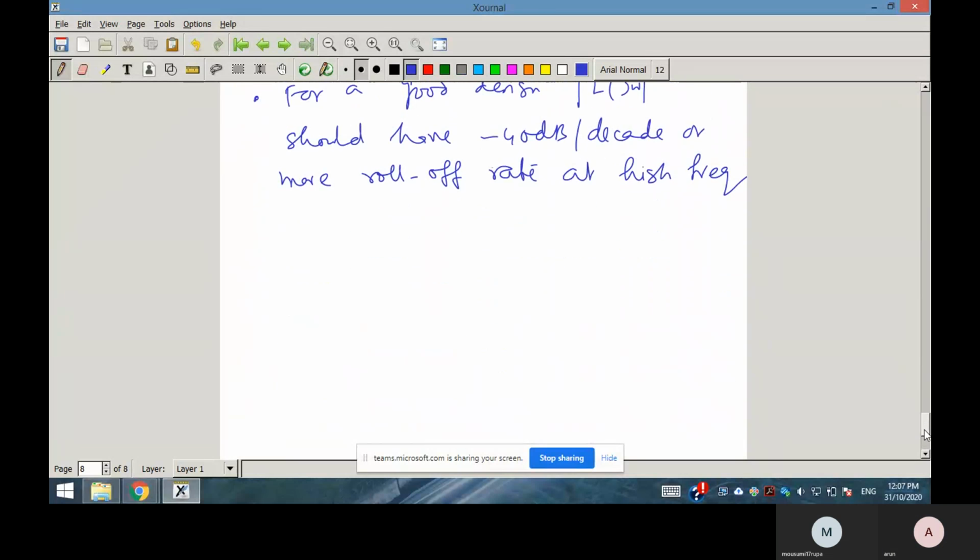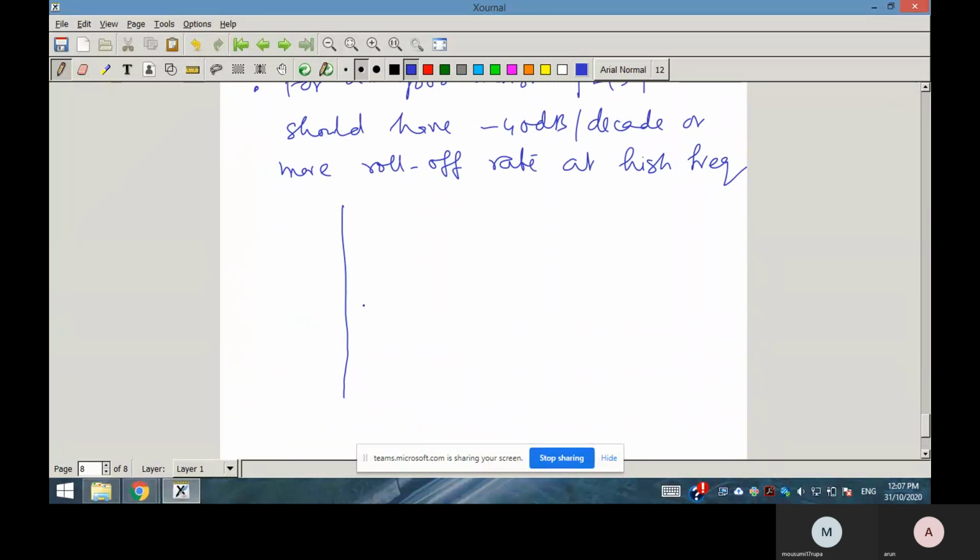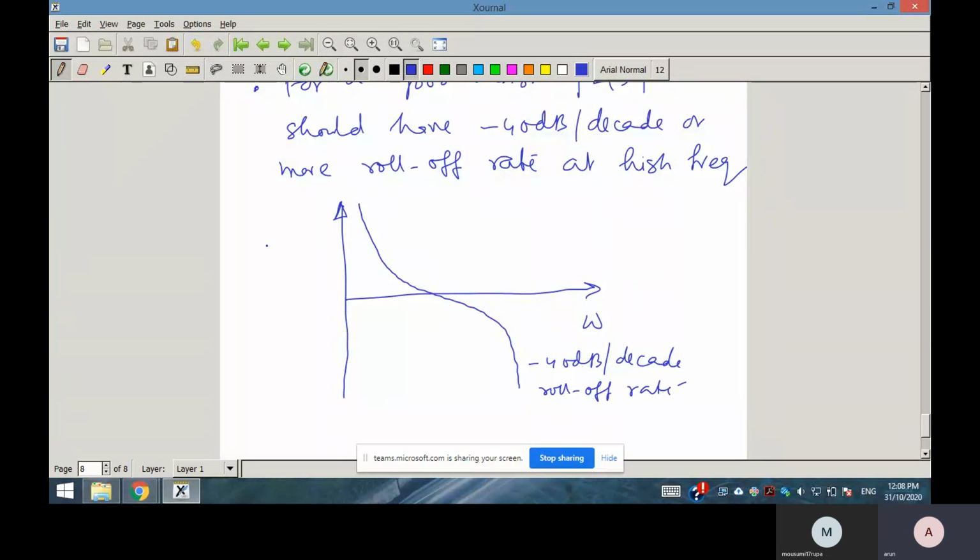That means your typical plot of the magnitude of L j omega will look like this: at low frequency it is high, so that S j omega will be small at low frequency, then low at high frequency, with an intermediate frequency region.